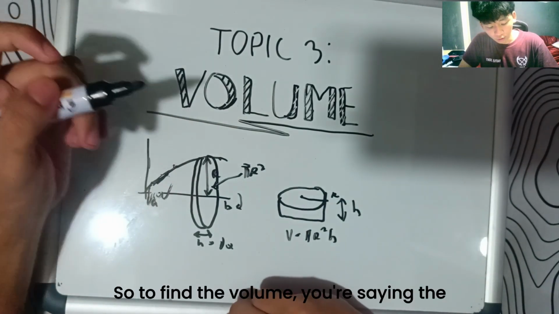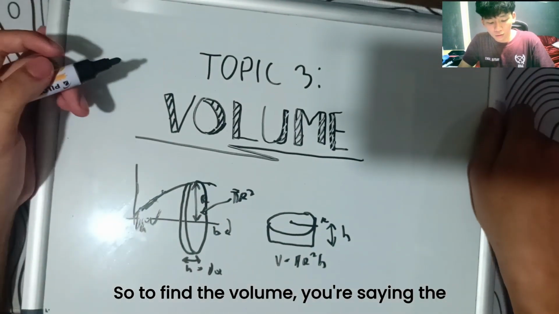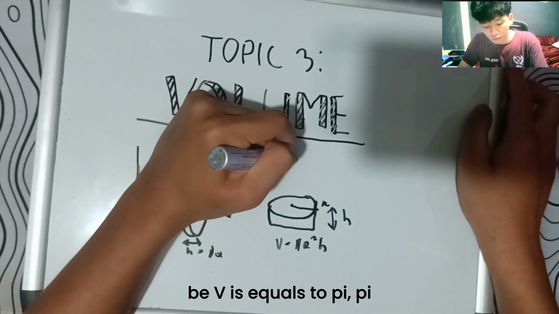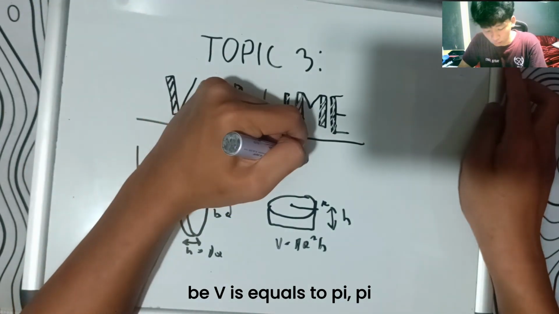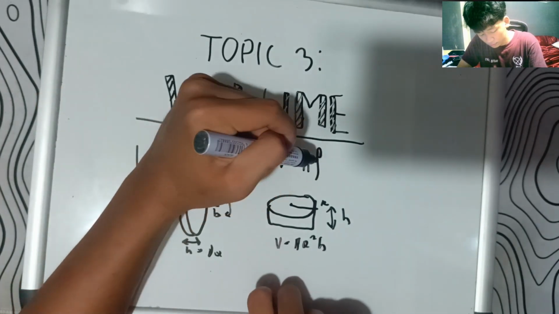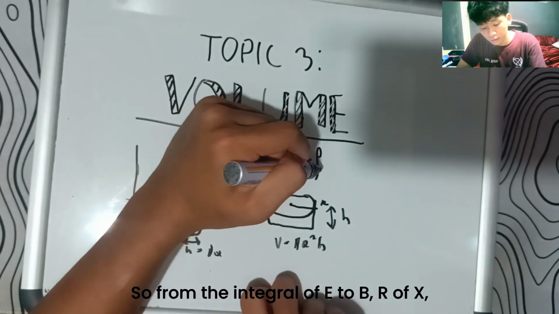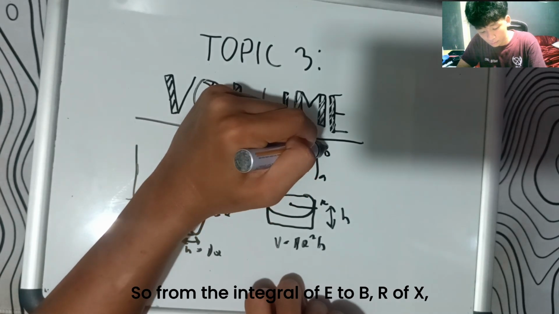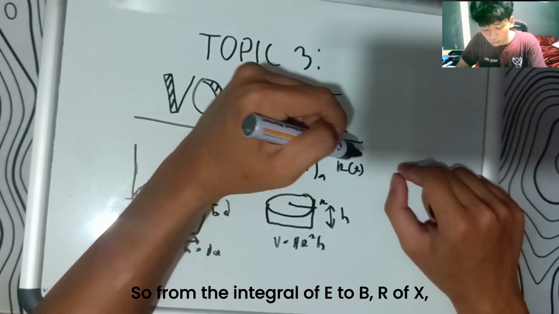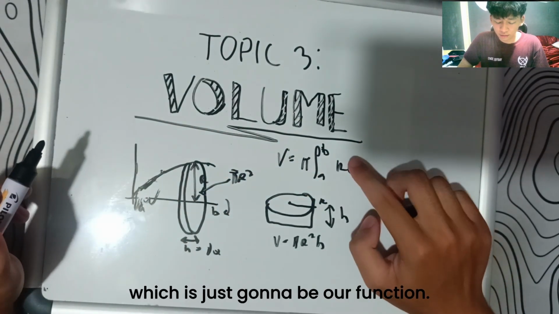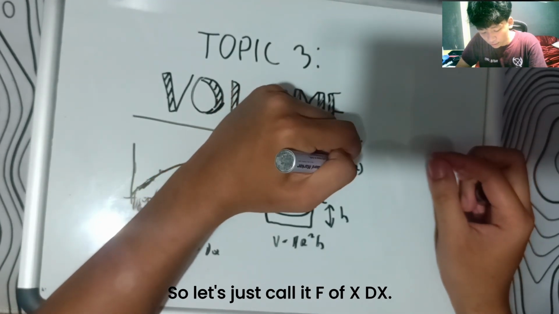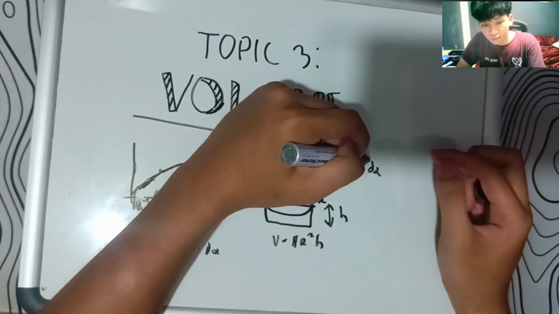So to find the volume using the disk method, V is equal to pi times the integral from a to b of r of x, which is just our function, so let's call it f of x, dx.